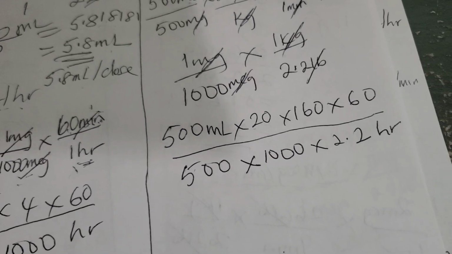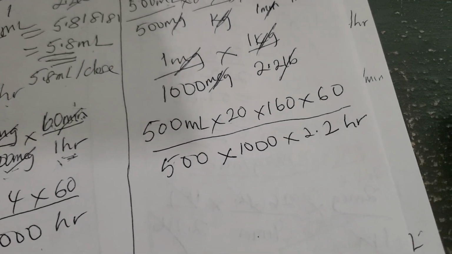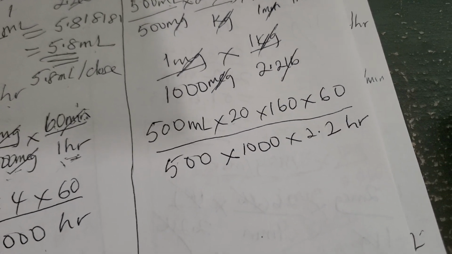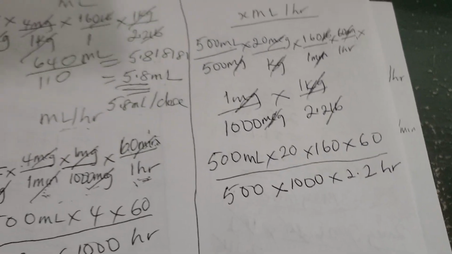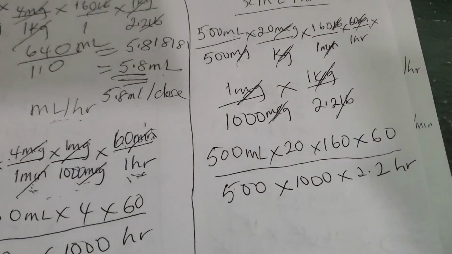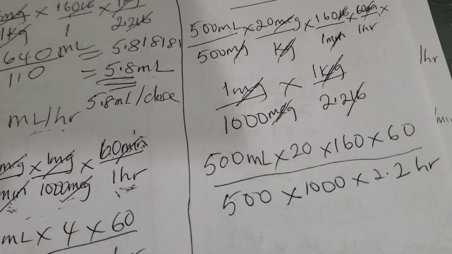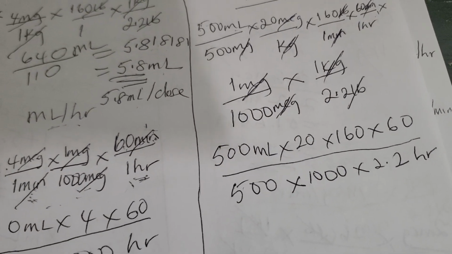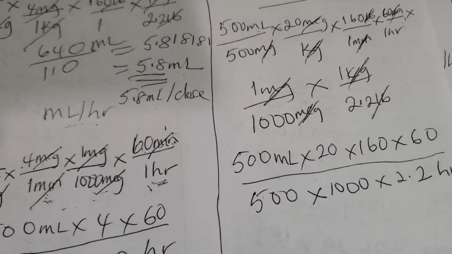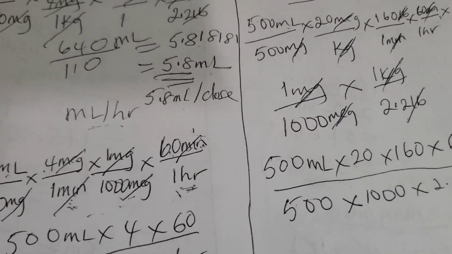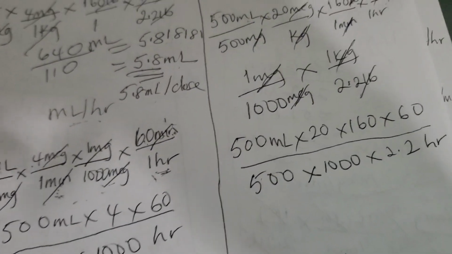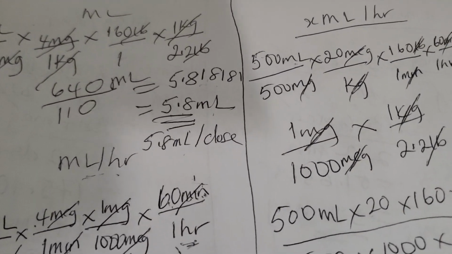All right. So 500 times 20 times 160, which is the weight, times 60. And that should give us a lot of zeros. Let's see.